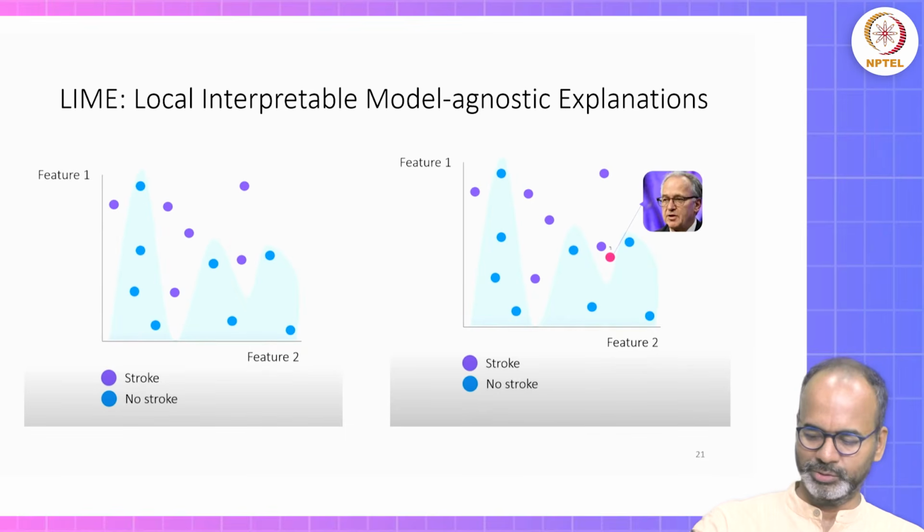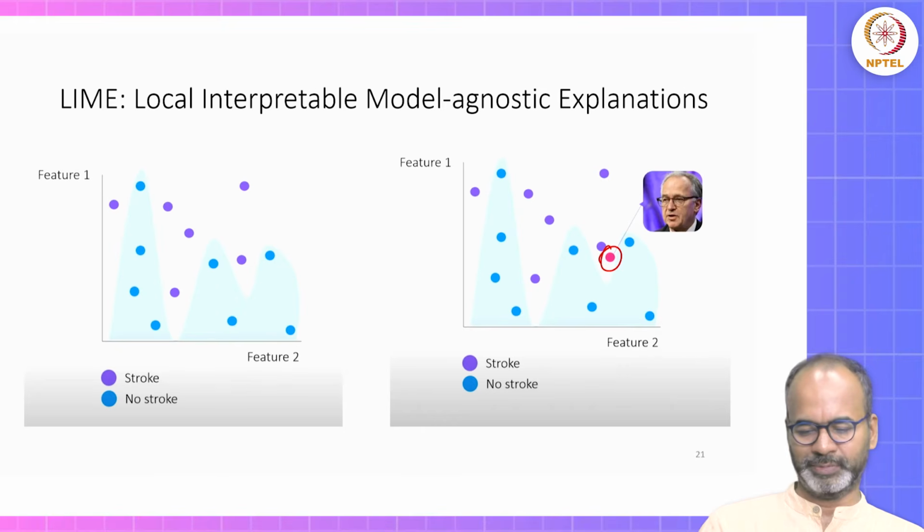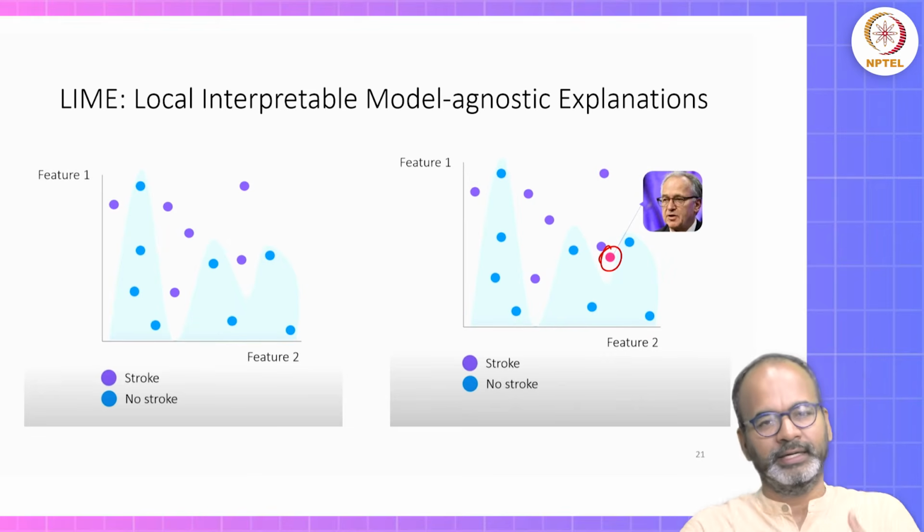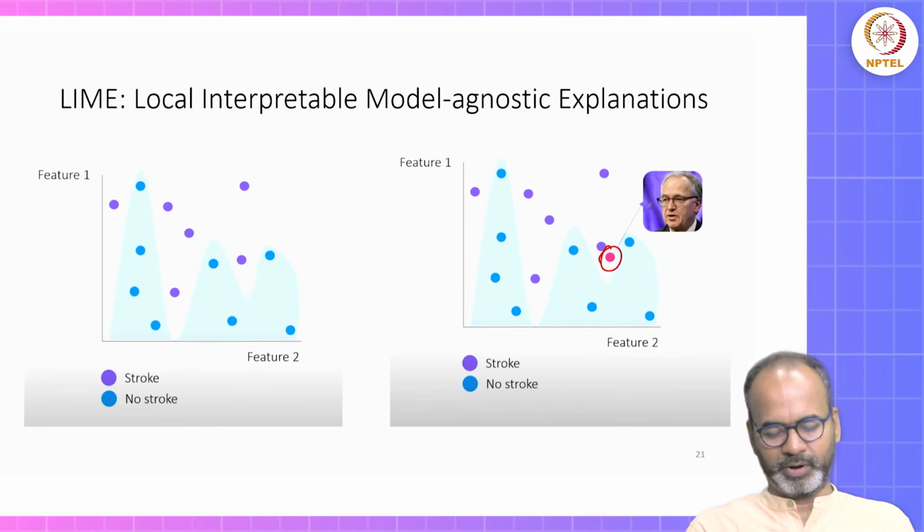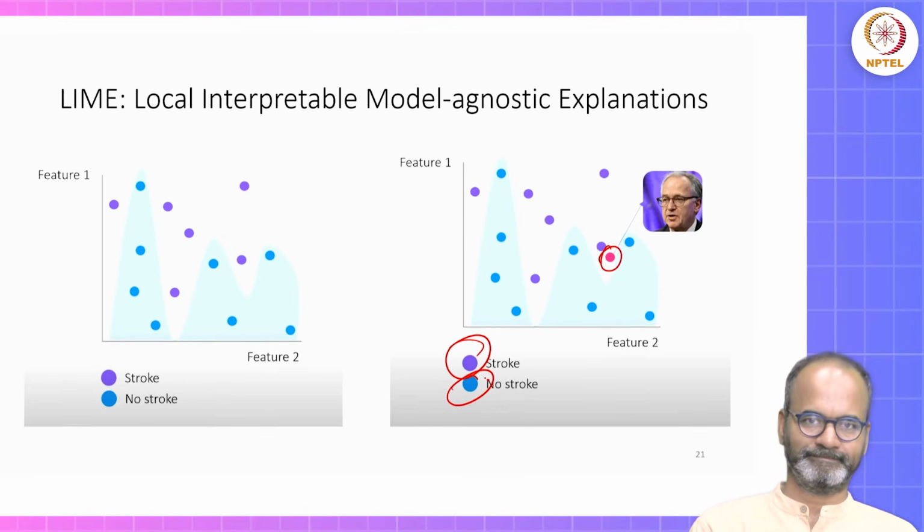A patient comes in, and with respect to feature 1 and feature 2, the patient falls there. Now the system has to decide whether he's part of stroke or no stroke. How would we decide?